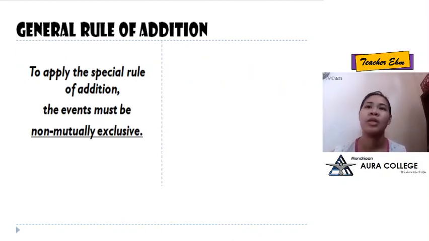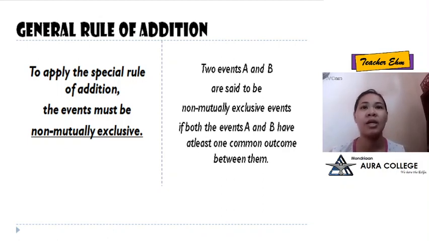Another one, the general rule of addition. To apply the general rule of addition, the events must be non-mutually exclusive. Mali lang ng pagka-type, this is the general rule. Two events A and B are said to be non-mutually exclusive events if both the events A and B have at least one common outcome between them.